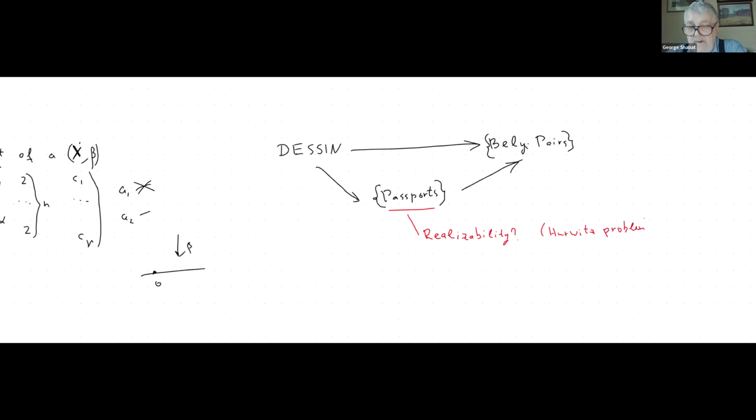And the other problem is, if the passport is realizable, what is the number of realizations?